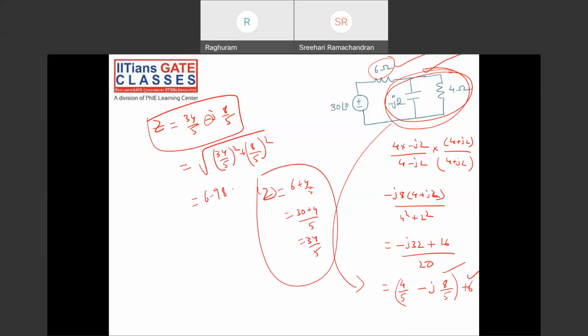The magnitude is 6.98, at some angle. So power factor cos theta can be written as 34 by 5 divided by 6.98, that is R by Z.